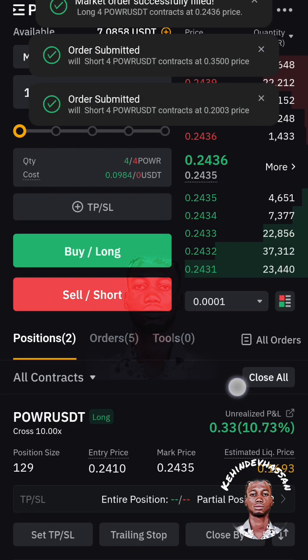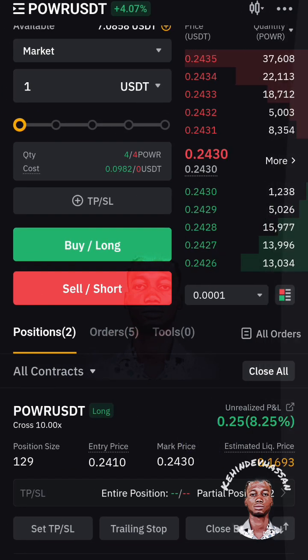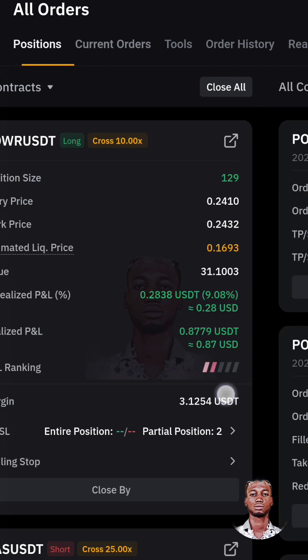It has bought it directly and added it to our previous contract, which is the Power USDT. I'm going to click on this. As you can see, we're in profit.